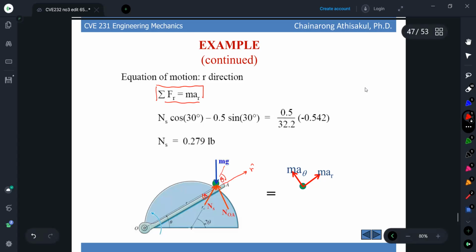After we decompose Ns into the r direction, this is the positive direction of r, we have Ns cosine theta, where theta is equal to 30 degrees.